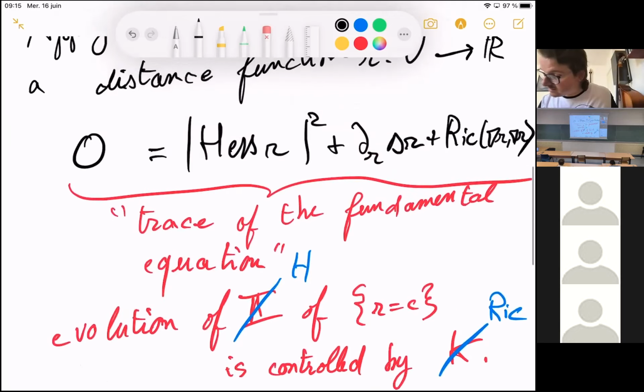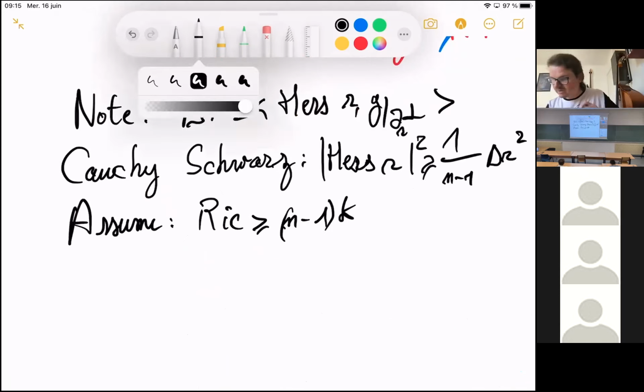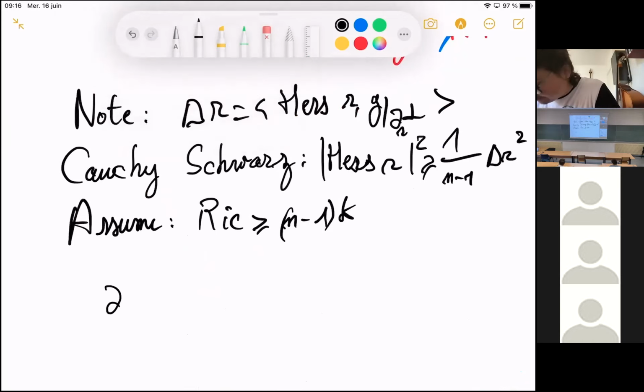Then this equation gives you an inequality, which is very useful, which will be the following.